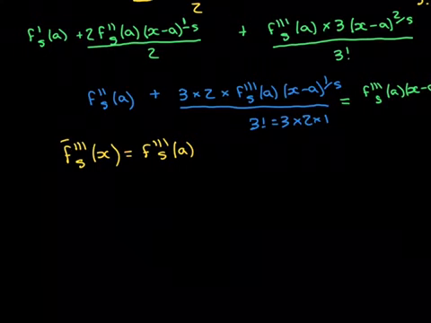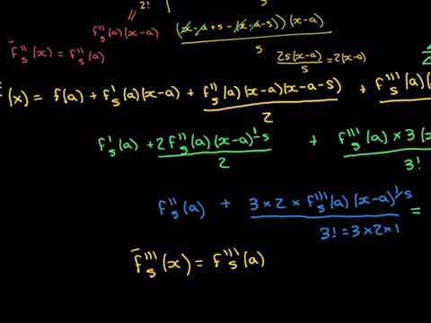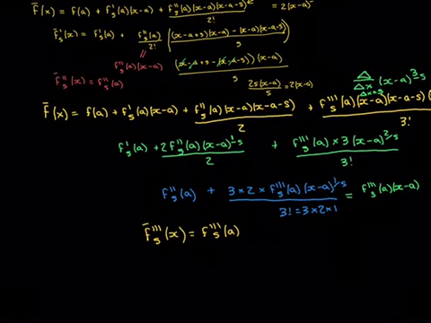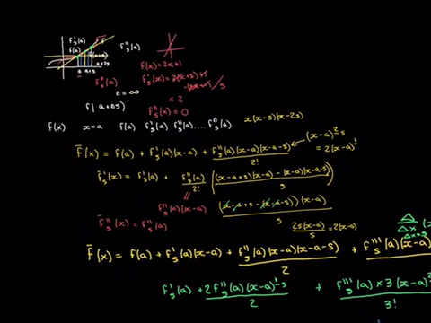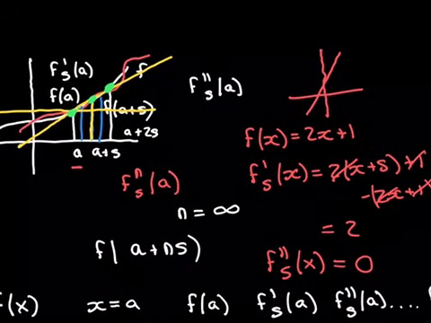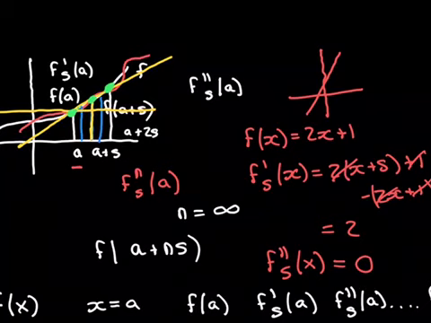So now our approximation function has the correct value of the function, the correct value of the first derivative, the correct value of the second derivative, and the correct value of the third derivative, and therefore it's not going to be correct just at a, it's going to be correct at a plus s, a plus 2s, and then a plus 3s here.